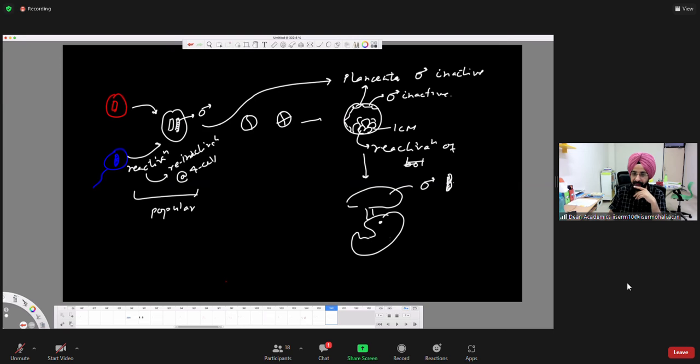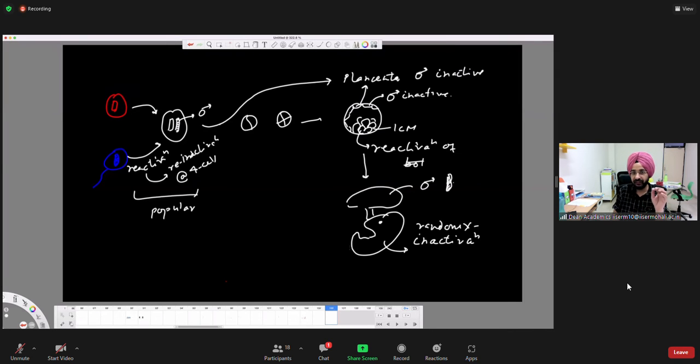At a certain stage in the post-implantation embryo, I don't recall at what stage precisely, you have inactivation now, which is random X inactivation. Now it doesn't matter if it is paternal or maternal. This is what we said, mitotically stable random inactivation.